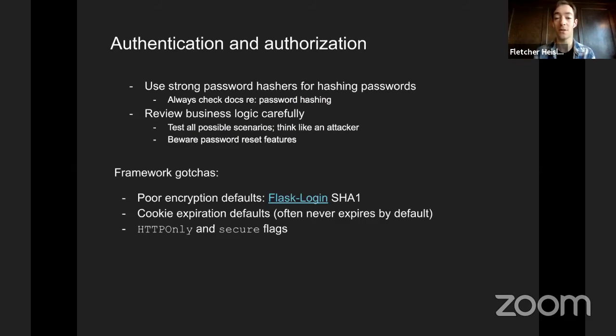There are some other very commonly used libraries that actually don't choose strong password hashers for whatever reason. So that's another case of always check the documentation around password hashing and make sure that you're only selecting secure options. You don't even have something that can default to a lesser, less secure version in some way if a user tries to force it in that direction.